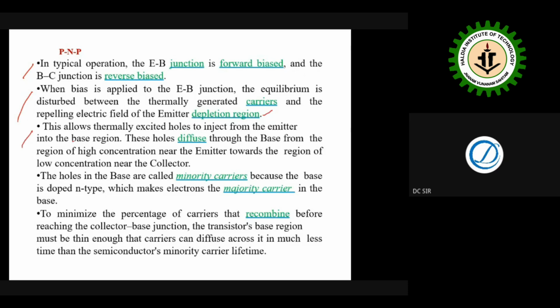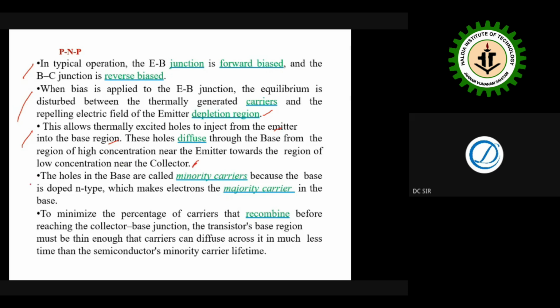This allows thermally excited holes to inject from the emitter to the base region. These holes diffuse through the base from the region of high concentration near the emitter towards the region of low concentration near the collector.